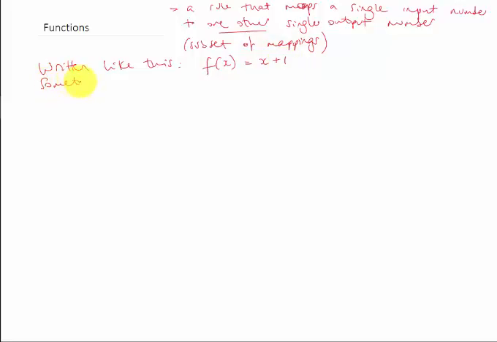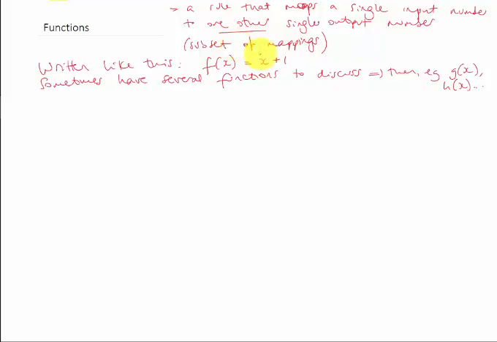And sometimes we have several functions that we're discussing at once. So then we'd have, for example, g of x, h of x, etc. And so that's the notation that we're dealing with.